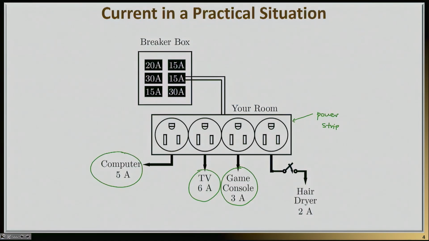In a typical house scenario, this power strip is not directly connected to the grid to give you the power you need, but is rather connected through a breaker box. What's the breaker box? A breaker box is a little bit like insurance, in the sense that there is a circuit breaker, a current breaker, which is going to stop the flow of current, essentially stopping the flow of power, if you try to draw too much current.